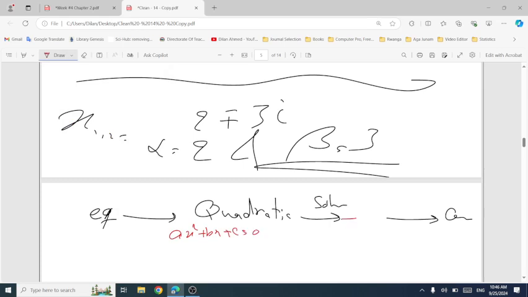For the solution, maybe we have 3 cases: two distinct real solutions, or a double or repeated solution, or maybe complex.